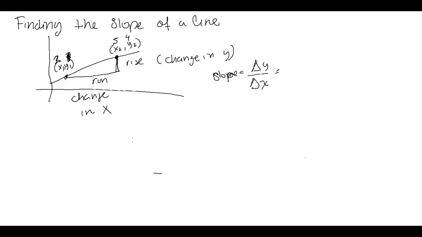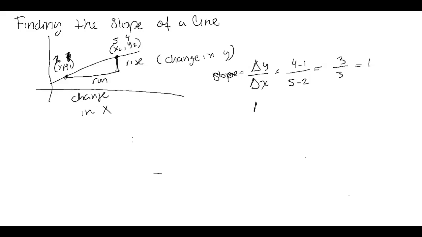We have 3 units, right? Because going from 1 to 4, we can simply say 4 minus 1 is the change in y, and the change in x is 5 minus 2. So that's 3, and 5 minus 2 is also 3. So the slope is 1. This does not look like a slope of 1, it's just very poorly drawn.